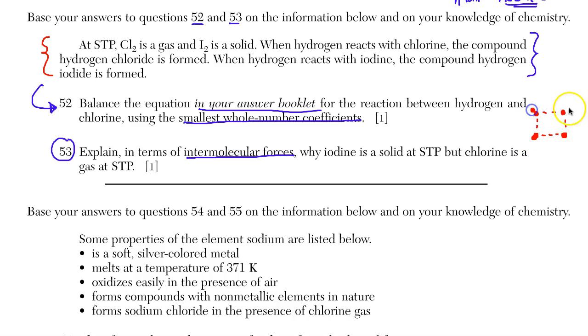I don't know the exact structure, but the bottom line is this is an I2 particle, and it would arrange itself in some kind of crystalline pattern. That's what solids do, and it goes in all directions, and you need to know that a regular three-dimensional crystalline structure, geometric pattern, is what solids are.